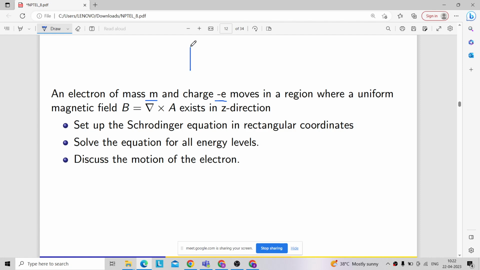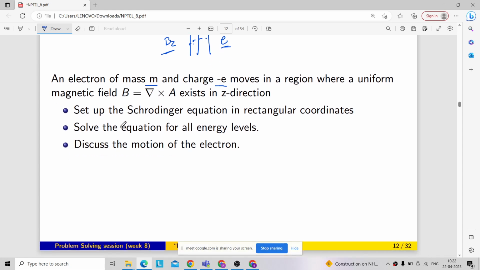So there is a magnetic field in z direction, that is B z, and one electron is moving in this uniform magnetic field. Now set up the Schrodinger equation in rectangular coordinates, or Cartesian coordinates.